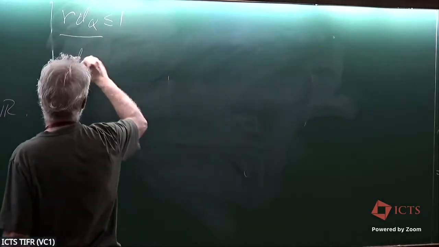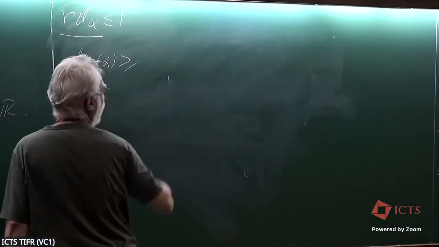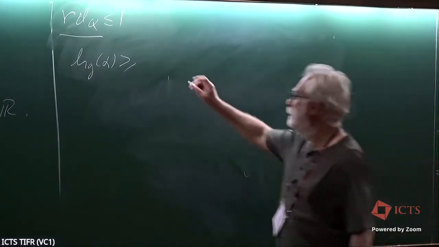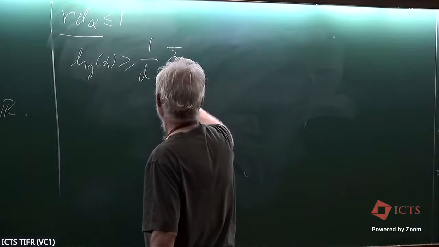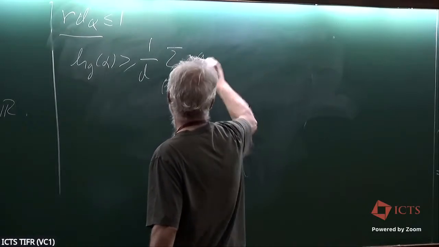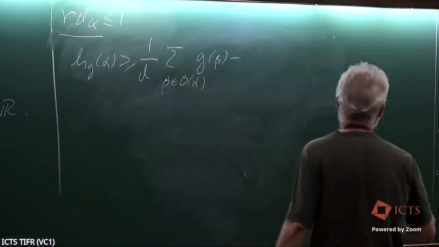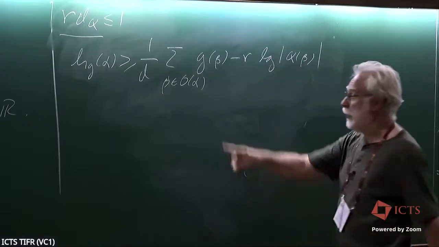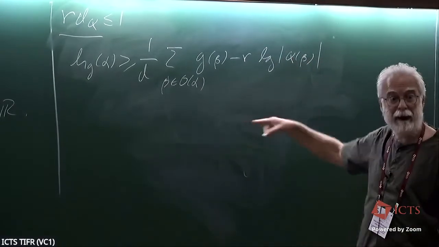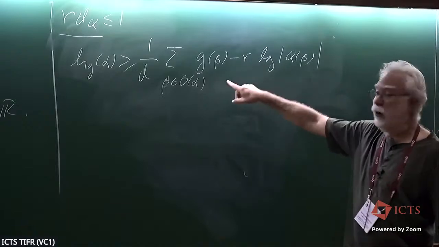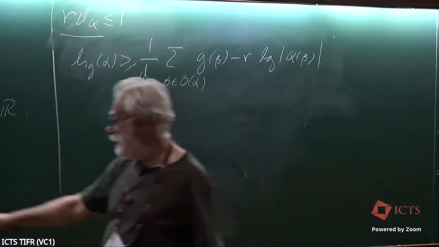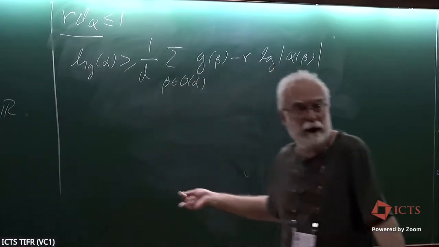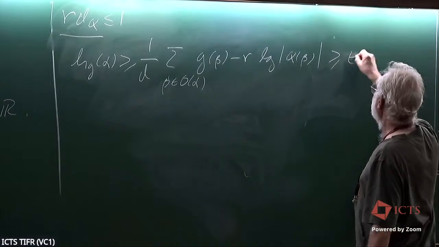I get that Hg of alpha will be bigger or equal than what remains here, 1 over D, the sum for all beta inside O of alpha of G of beta minus R times log of absolute value of Q of beta. So the height of alpha is bigger than the average of this function on the conjugates of beta. But of course, E was the infimum of this function. So the average value is always bigger than the infimum. So this is bigger or equal than E.